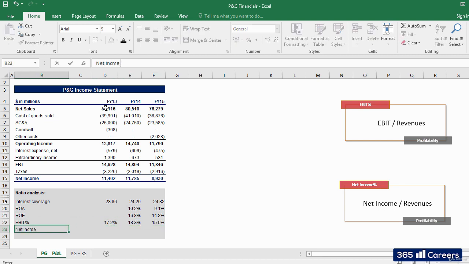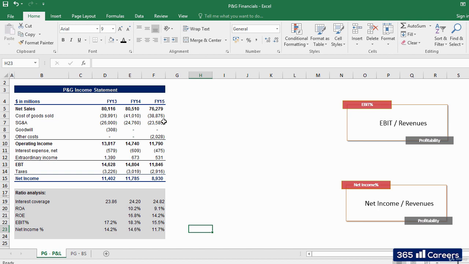And, in fact, the company's EBIT to revenues ratio was lower in 2015. P&G was not able to convert into profit as much of its revenues as it was able to do in 2014. Nevertheless, 15.5% of EBIT is pretty good for most industries.